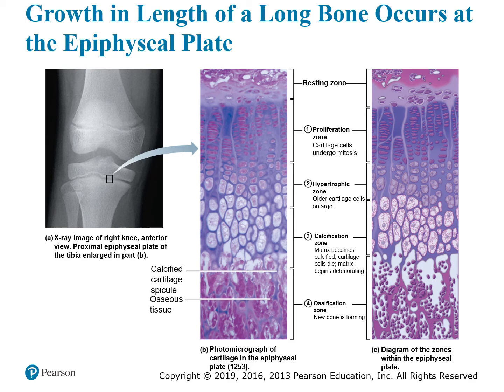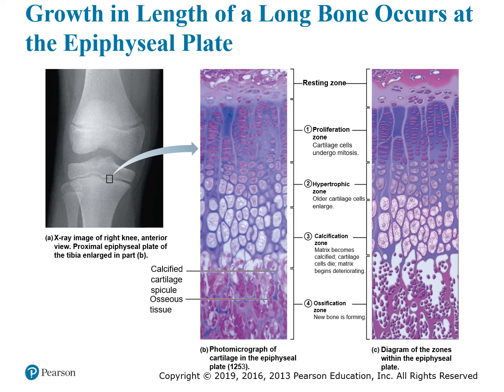Now, an experienced pediatrician or radiologist can often tell from the width of these epiphyseal plates how much more growing an individual has to do. What happens when an individual stops growing is that the proliferation zone slows down in terms of the rate of mitosis.